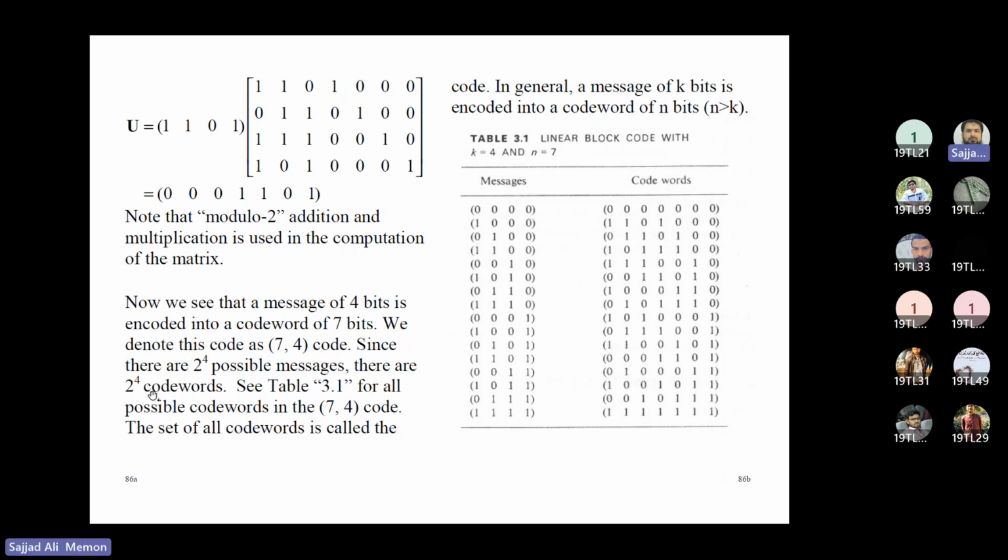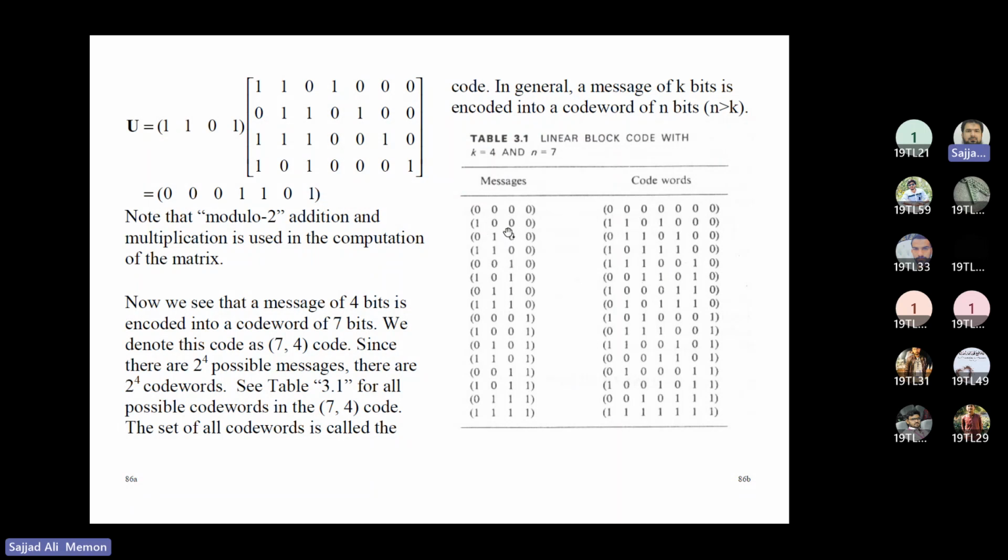For all possible code words in the (7,4) code, the set of all code words is called the code. In general, a message of k bits is encoded into a code word of n bits. Like you can see, if the message is all zeros, then the code word will be all zeros.